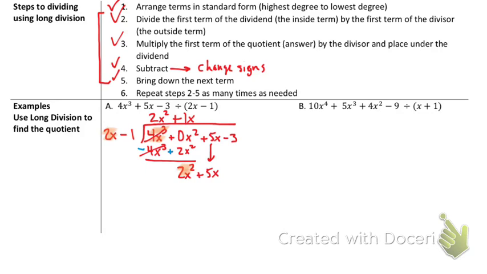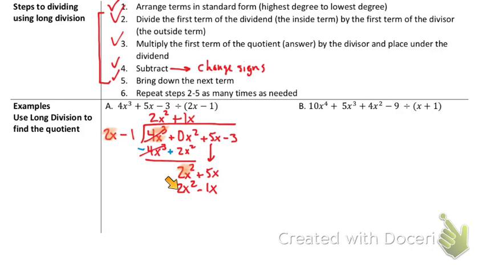Next, we're going to take our answer and multiply it with our outside and put it underneath. So 1x times 2x is 2x squared. 1x times negative 1 is going to give me negative 1x.